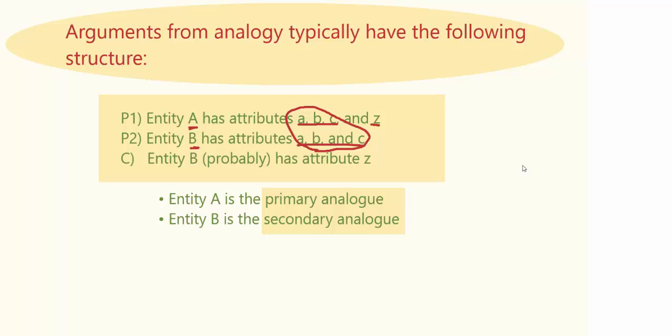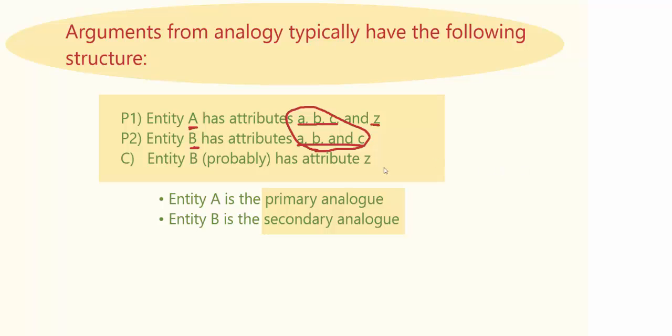The idea is that since A and B have these similarities, that suggests they're more and more likely to belong to the same kind of thing. And things that belong to the same kind or type tend to share several of the same properties.